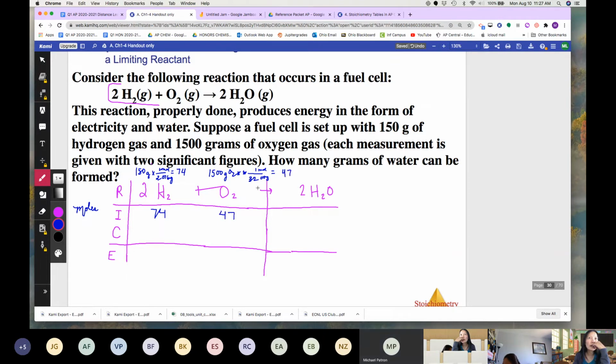Okay, go ahead. And how much water was in there? Did they give you a number for water? None. Nope, so put a 0 there. Okay, and then go ahead and fill in the rest. See if you can do it yourself.